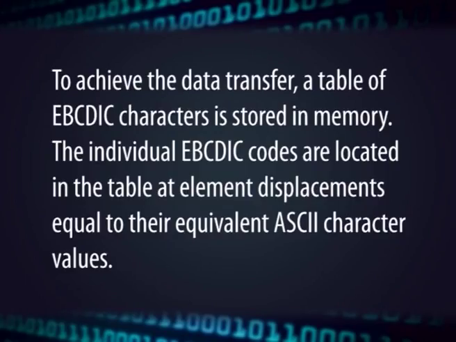To achieve the data transfer, a table of EBCDIC characters is stored in the memory. The individual EBCDIC codes are located in the table at element displacement equal to their equivalent ASCII character values. That means the EBCDIC code C1H for letter A would be stored at displacement 41H, which equals the ASCII character of A, from the start of the table.